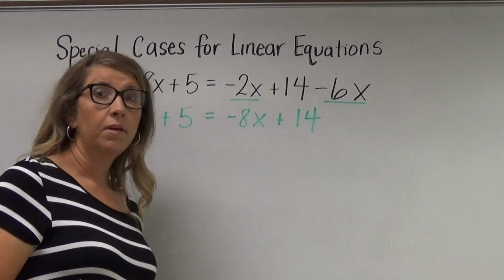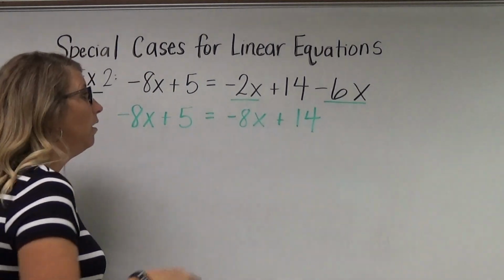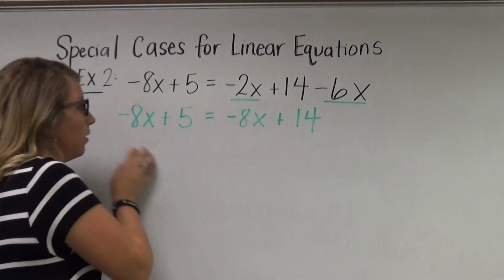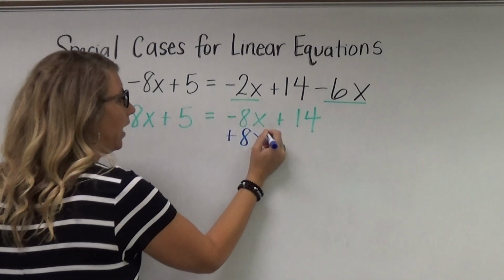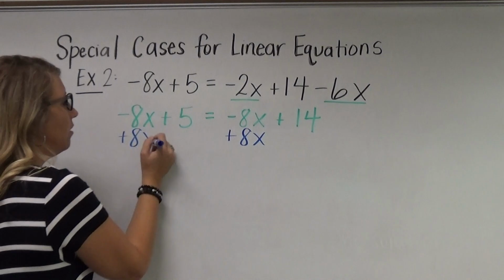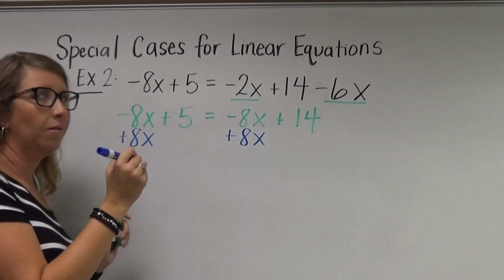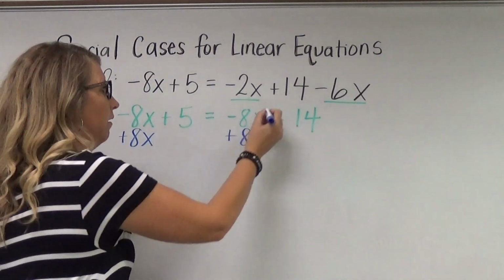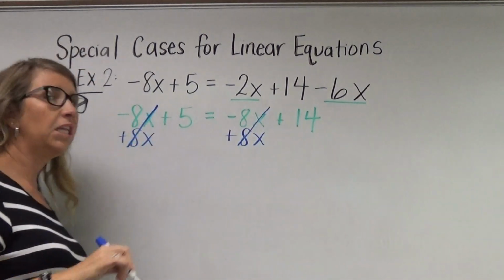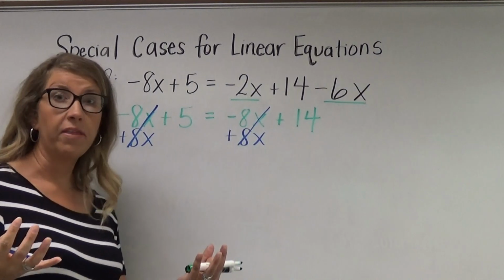Our next step is to get our x terms together. So we've got negative 8x here. If I want to move it over to the left-hand side, I'm going to add 8x to both sides. But what happens when you have a negative 8x and you add 8x? They completely go away. Zero, nothing.